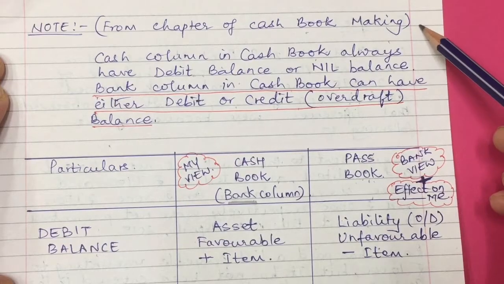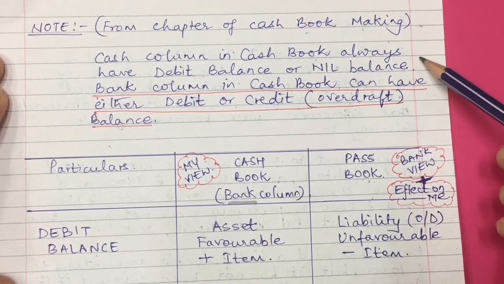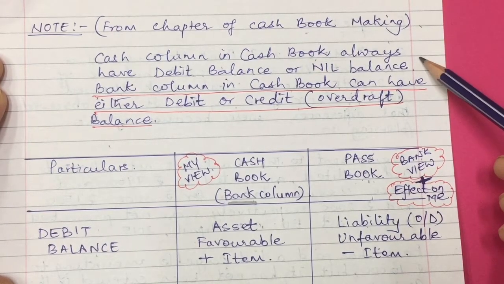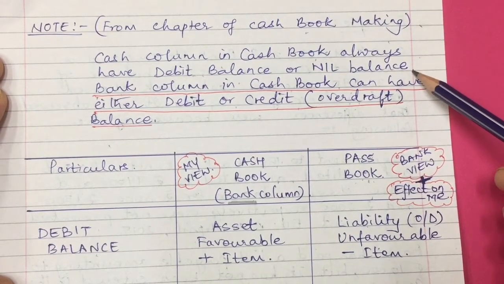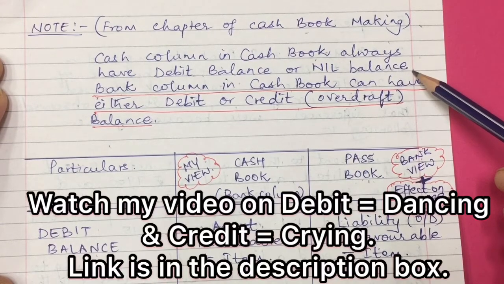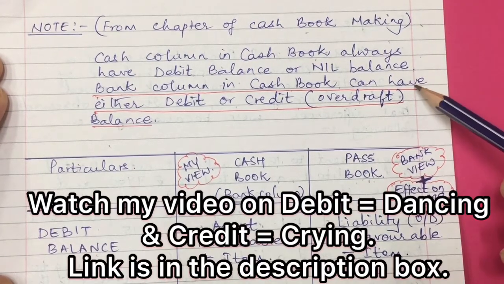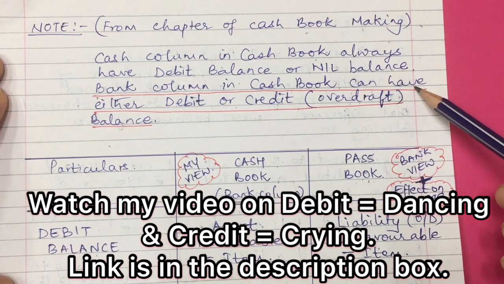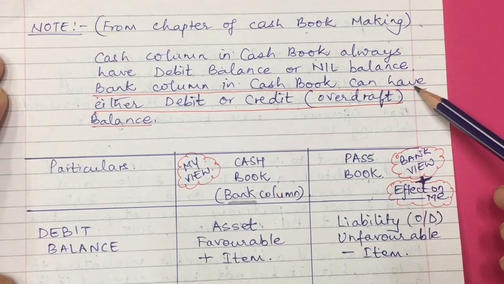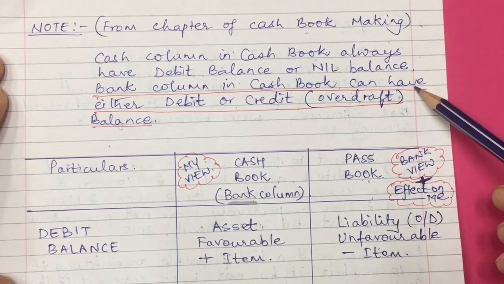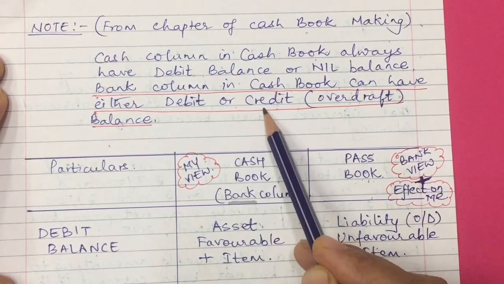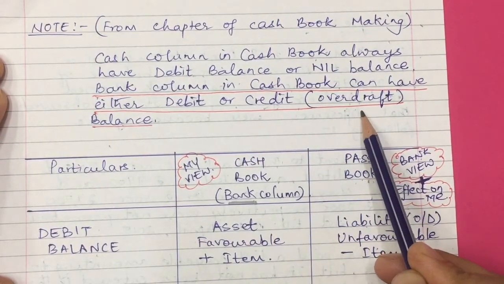Now from the chapter of cash book making, we have understood one thing, that the cash column in the cash book always have a debit balance or zero balance, nil balance. But the bank column in cash book can have both debit or credit, either of these two. So when there is a credit balance, it means there is an overdraft balance.